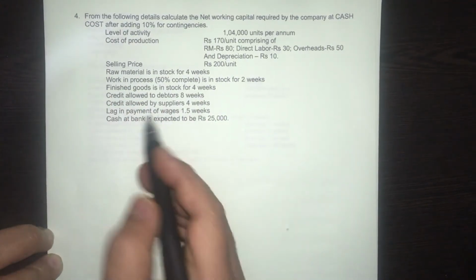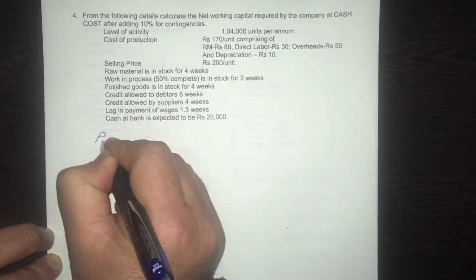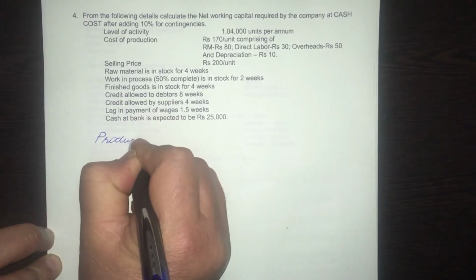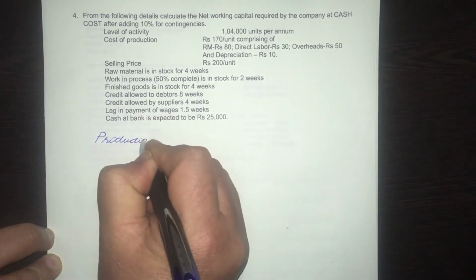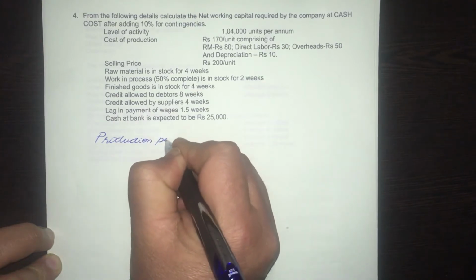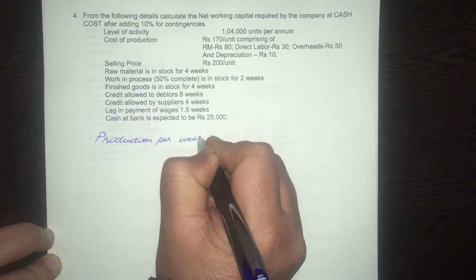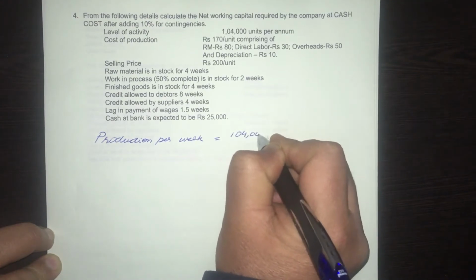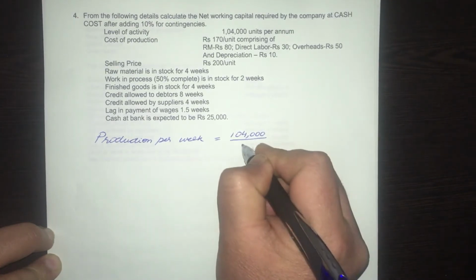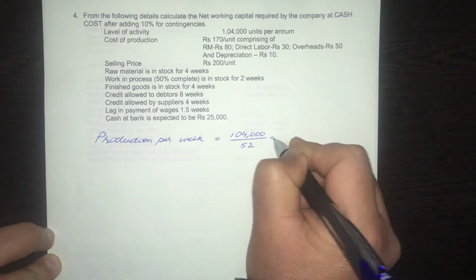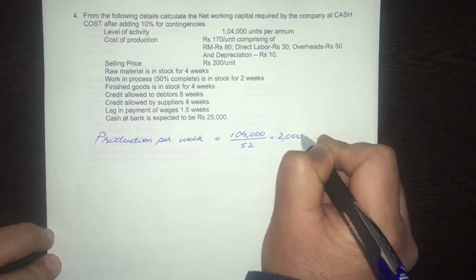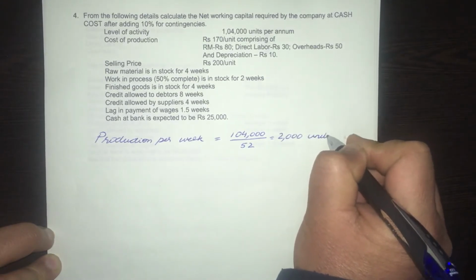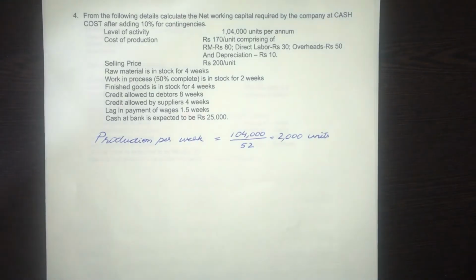All right, so production per week: 1 lakh 4,000 divided by 52 weeks gives you 2,000 units per week. So that is the level of activity.